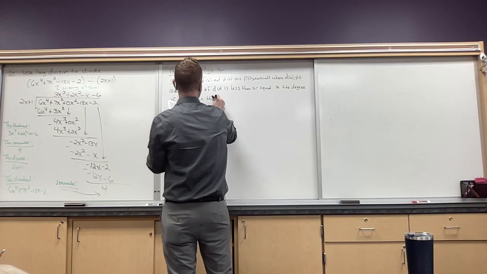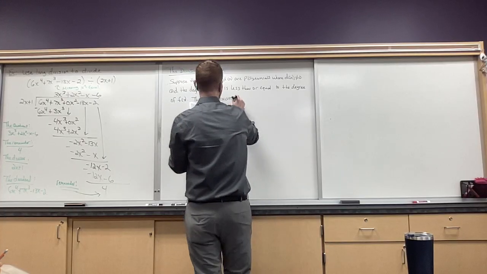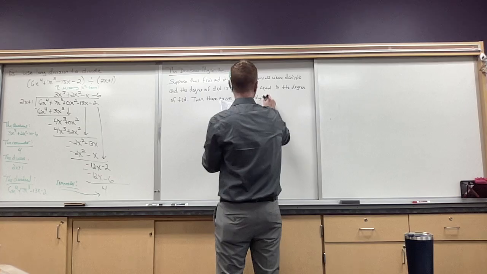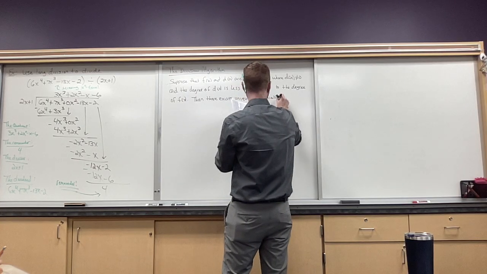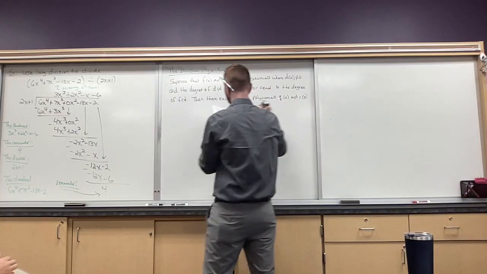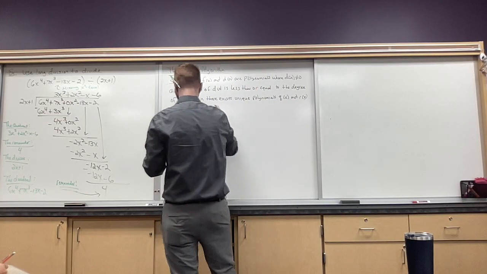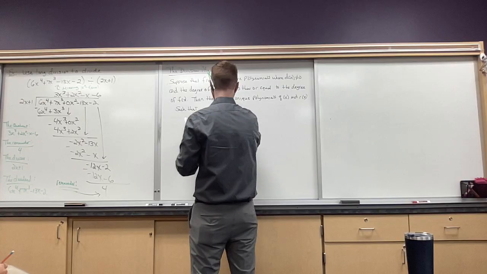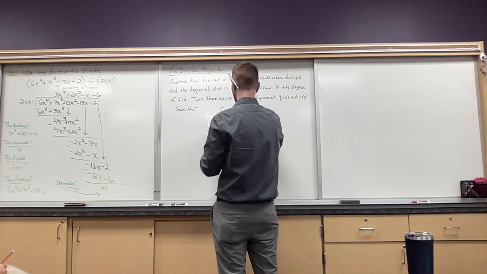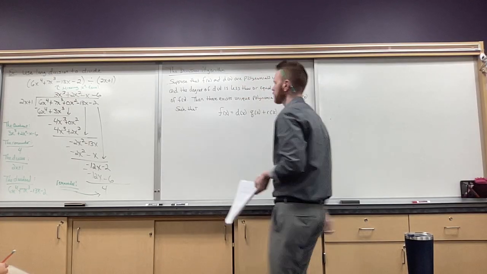Then there exist unique polynomials q of x and r of x such that f of x equals d of x times q of x plus r of x.